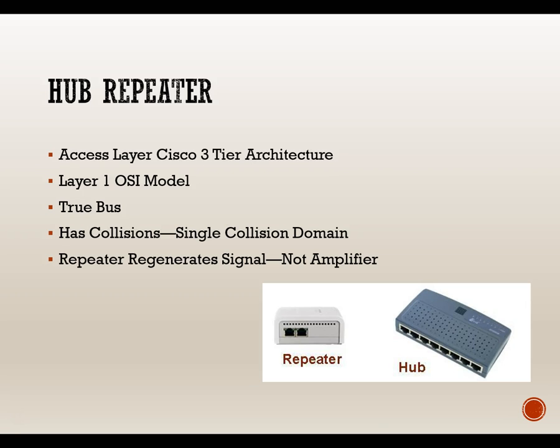And a true bus was that situation where we had a piece of coax and all of our devices were connected to that same piece of coax, and this used T connectors to do that. They're just the coax at each end, and then we brought it into the NIC on the computer. We had a terminator, which was a 50 ohm resistor, at each end of the bus, in order to absorb excess signal.